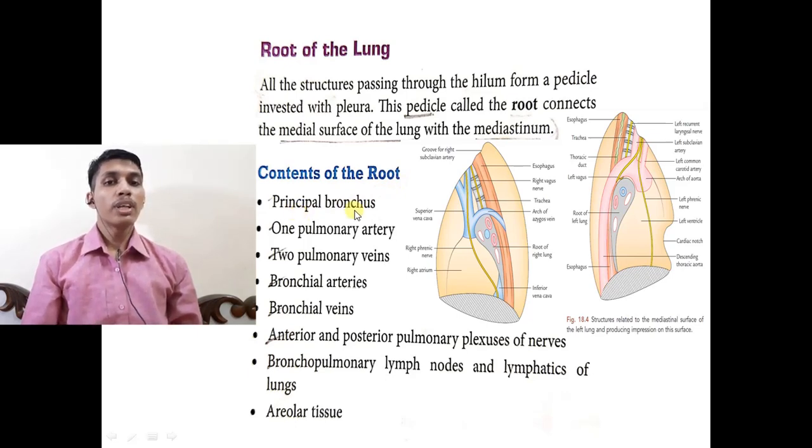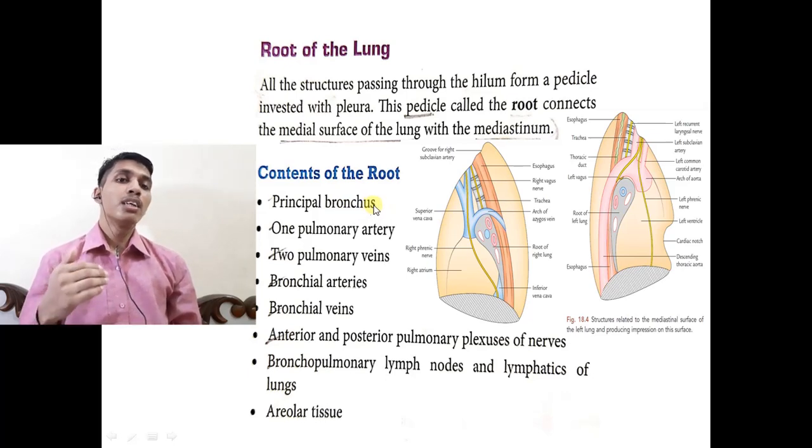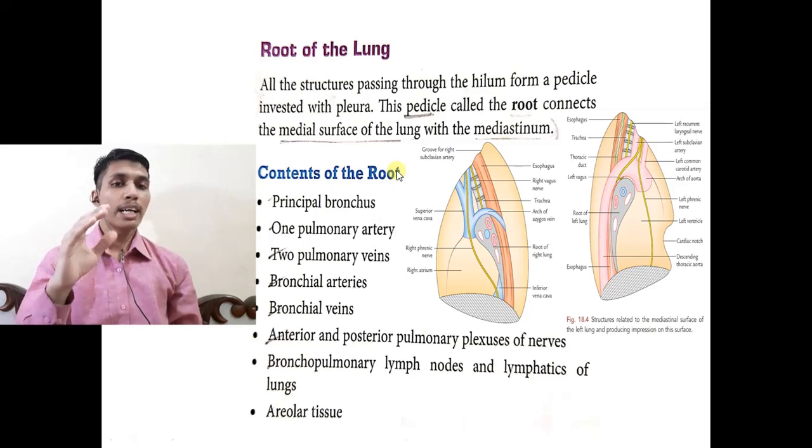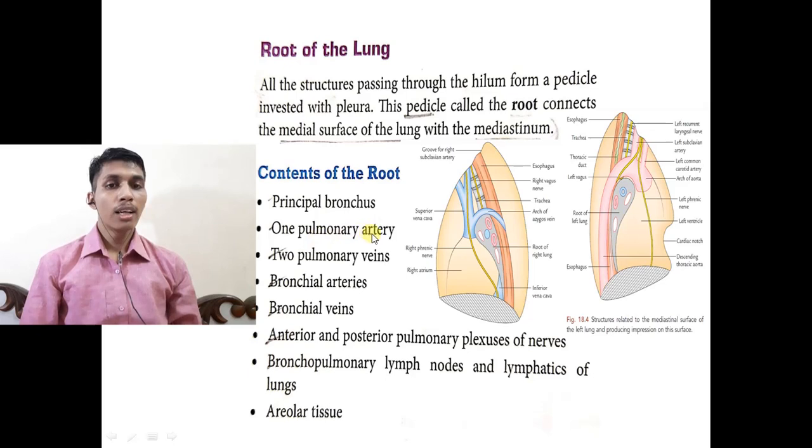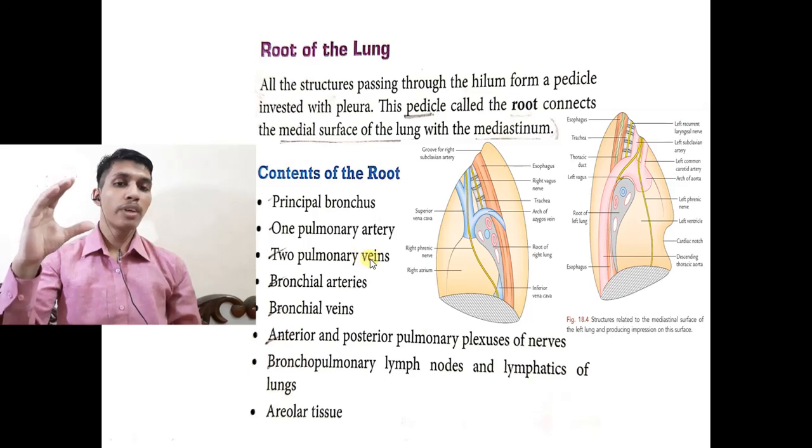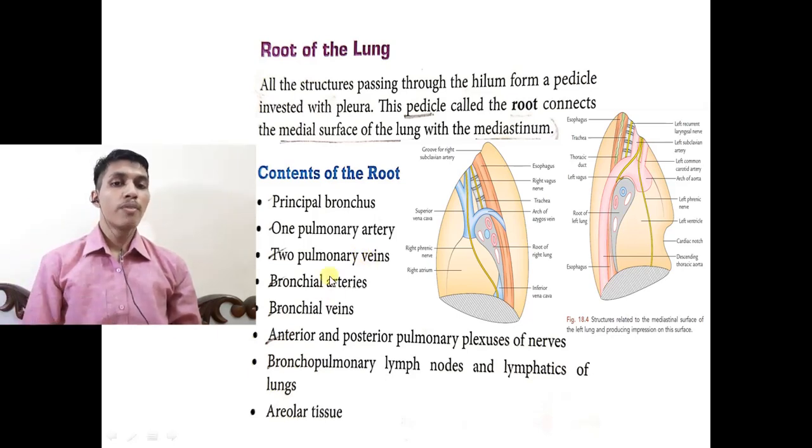Number one is the primary bronchus that is present in the left lung, and in the right lung instead of it there is the eparterial bronchus and the hyparterial bronchus. Then the pulmonary artery is present on the medial part, and it is single. Then the pulmonary veins, two in number: the superior pulmonary vein and the inferior pulmonary vein.